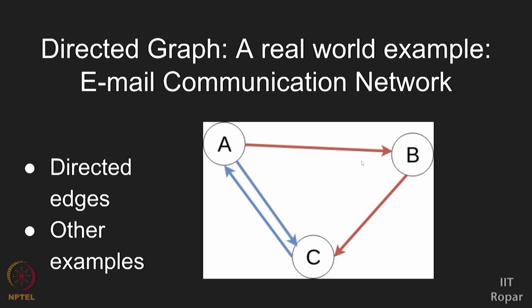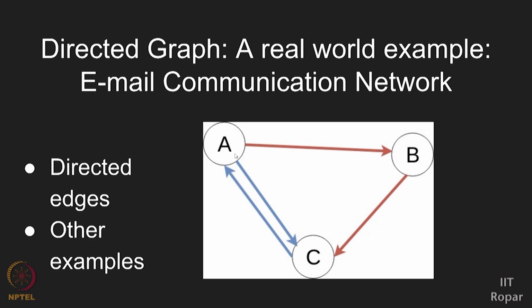An example from the real world, as I have given in the slide, is the email communication network. Here the nodes are the different email IDs, the different people, and there is an edge from one node to another if this email ID has sent a mail to the other. Let us take a very small group.